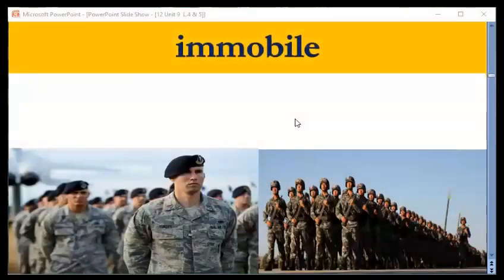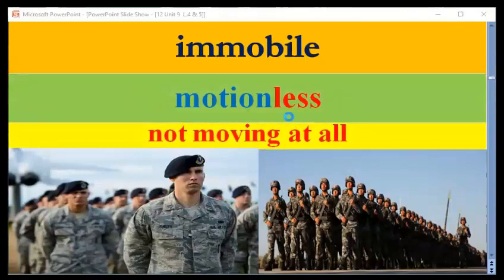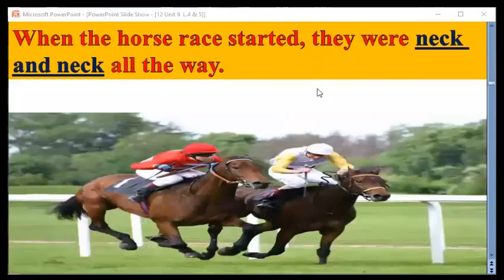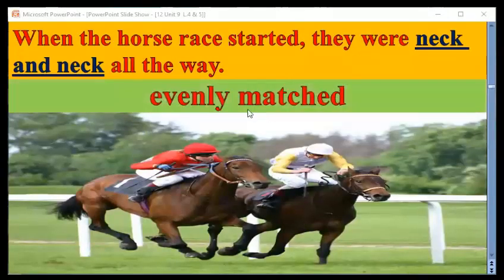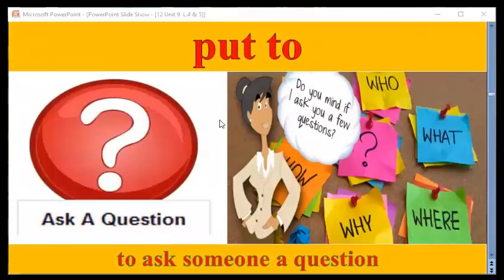Next here we have immobile, motionless, not moving at all. Neck and neck, as you can see, evenly matched. If you look at this picture here, those two men are neck and neck. They are evenly matched.